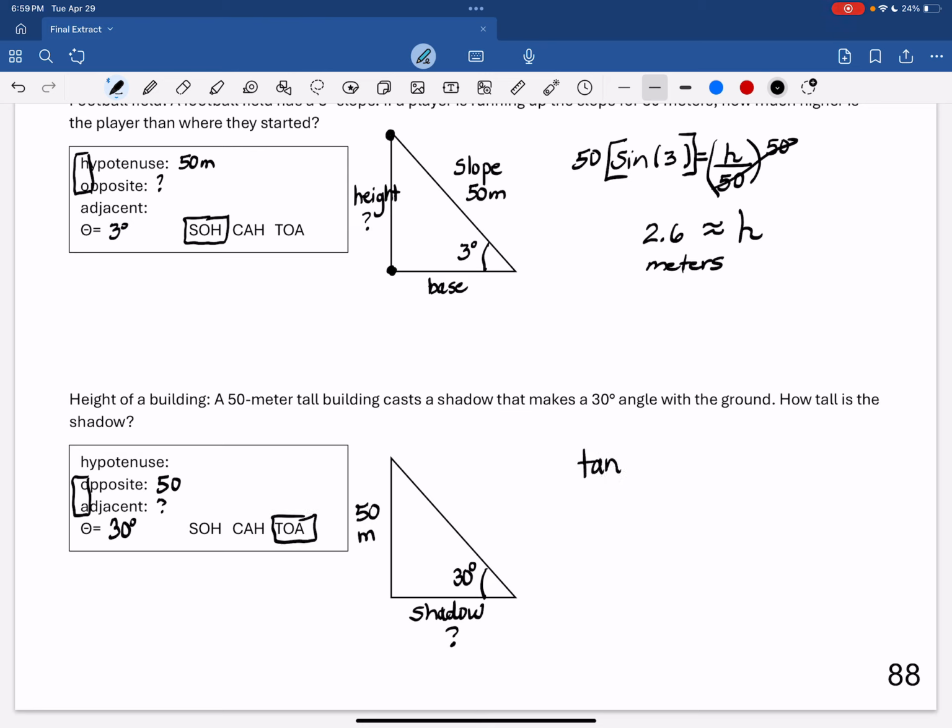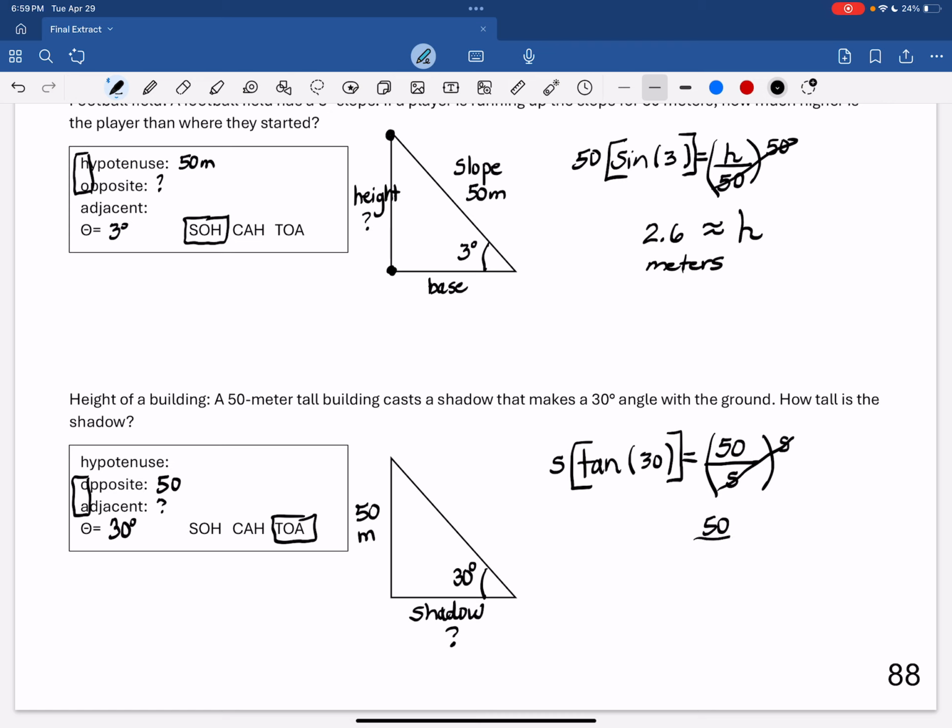So tangent of 30 is equal to opposite over adjacent. I'm going to call that S for shadow. So in order to cancel that S, we have to multiply it to both sides.